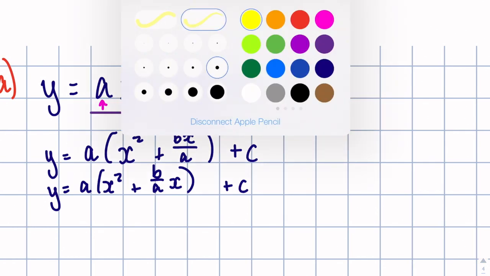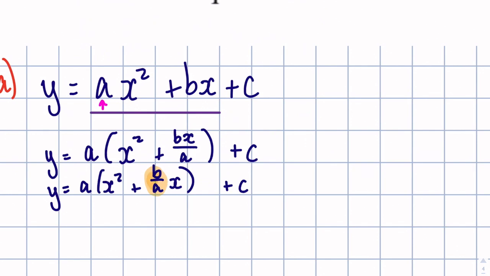Now this term here is what I'm going to have to get to my next point. So I have y equals a, x plus b on a on 2, squared.